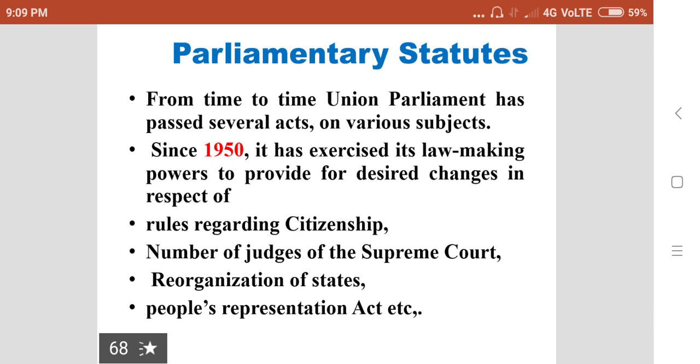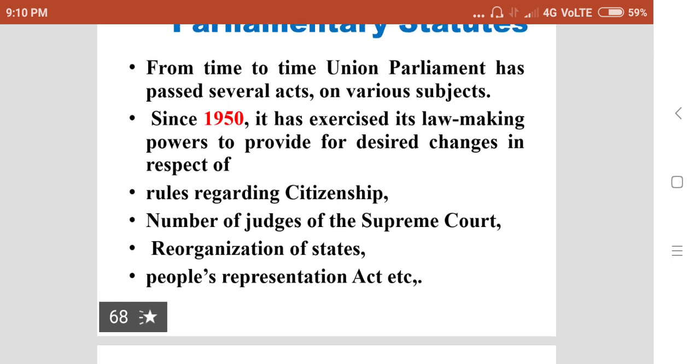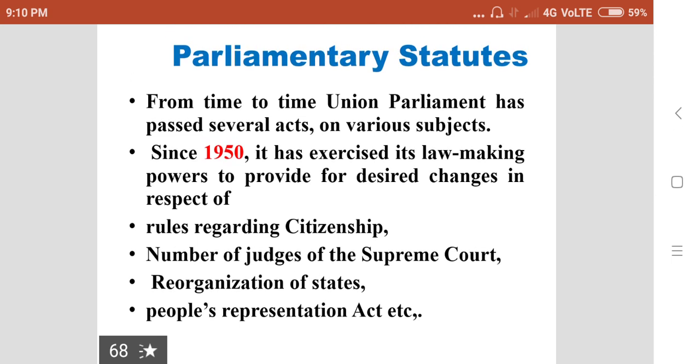Since 1950, it has exercised its law-making powers to provide for desired changes in respect of rules regarding citizenship, number of judges of the Supreme Court, reorganization of states, the Representation of the People Act, etc.